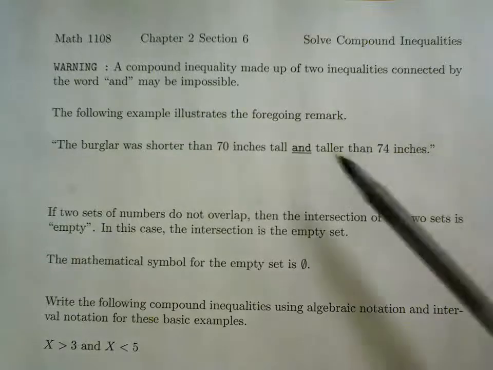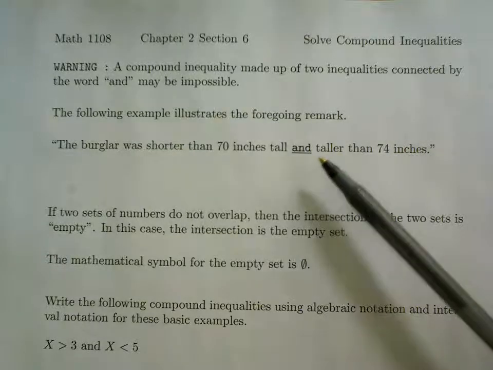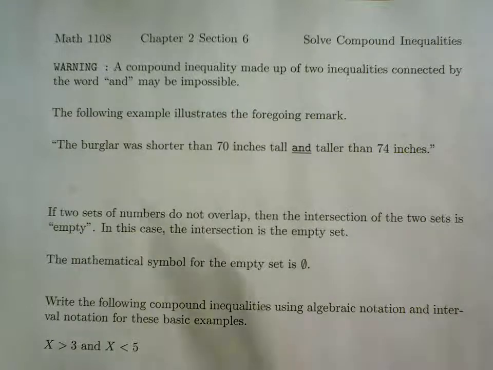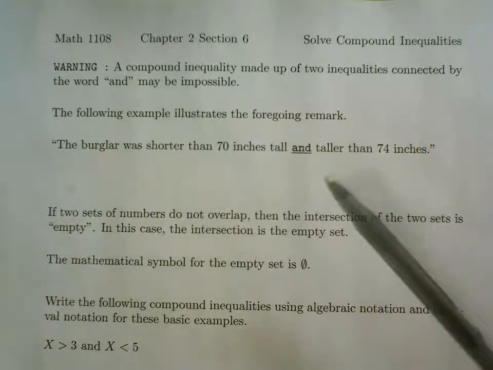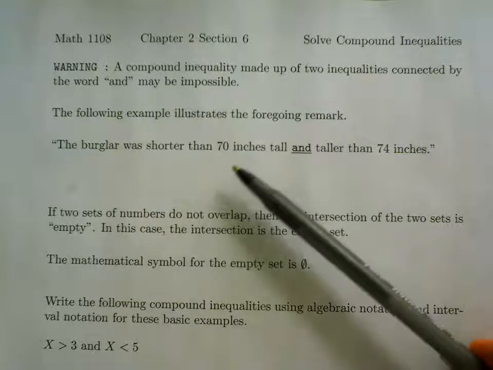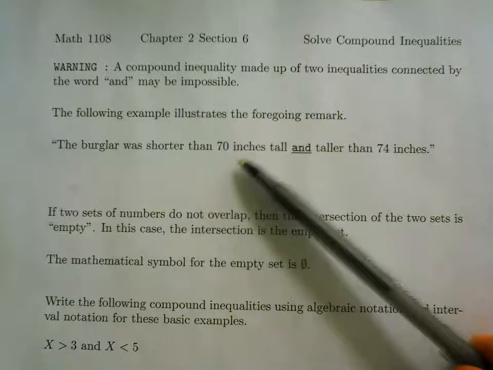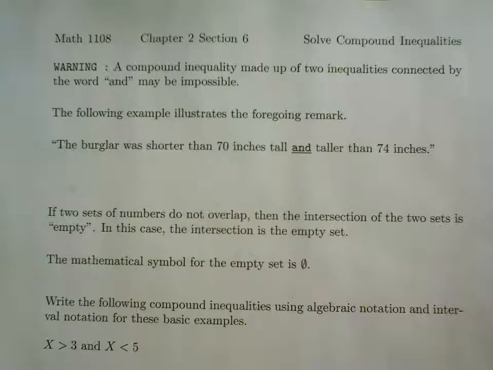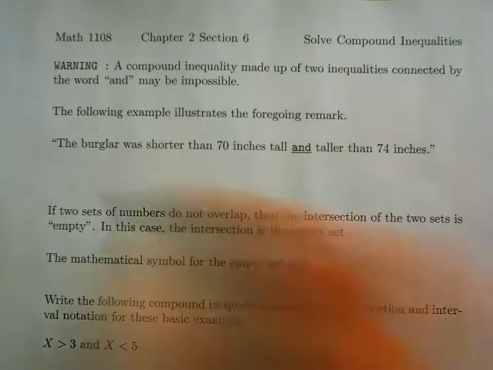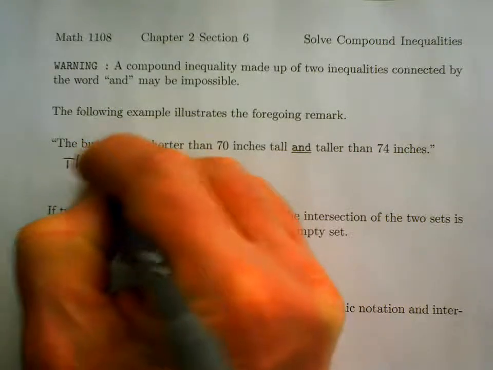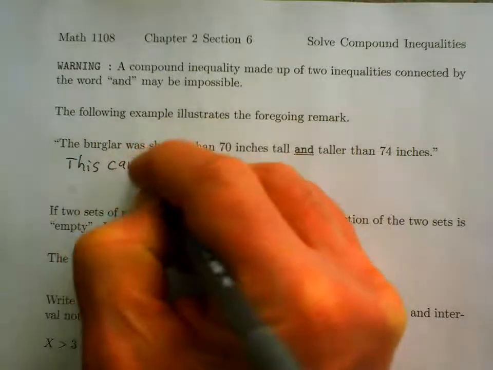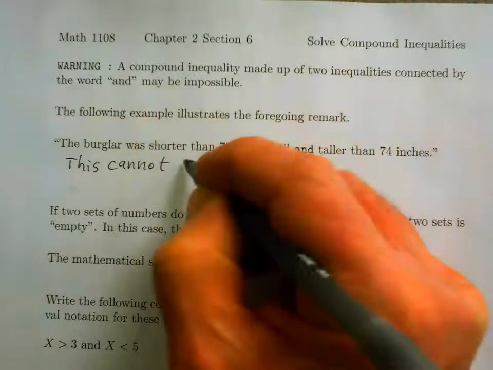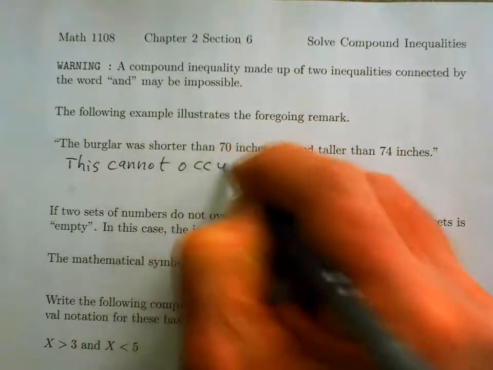Well, that's impossible. It's possible to say things that are completely false. So this could never happen. A burglar could not be both shorter than 70 inches and taller than 74 inches at the same time. This cannot occur.